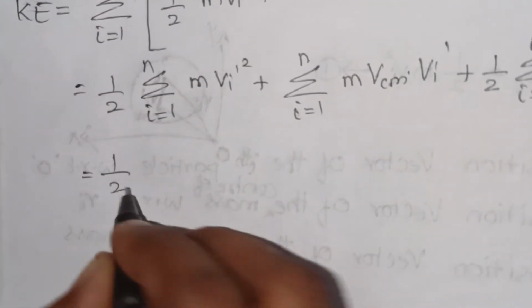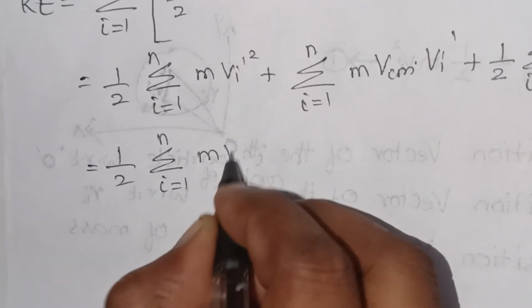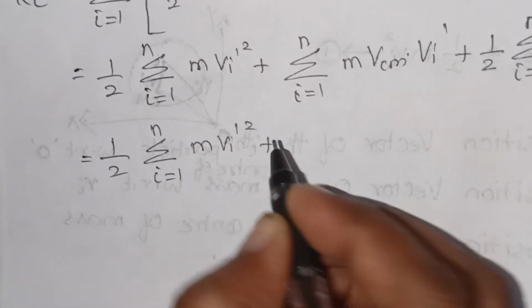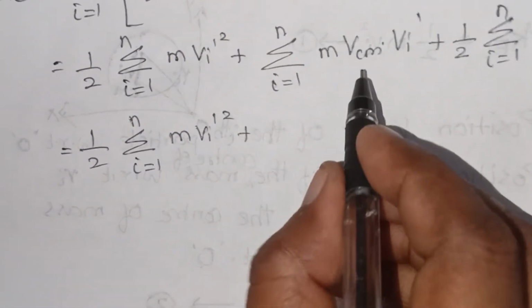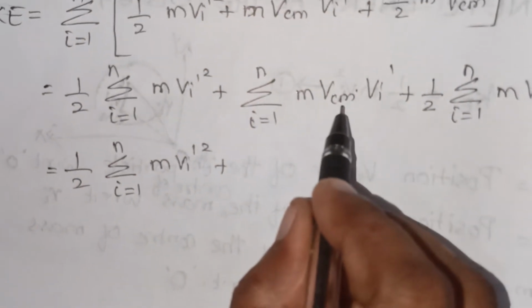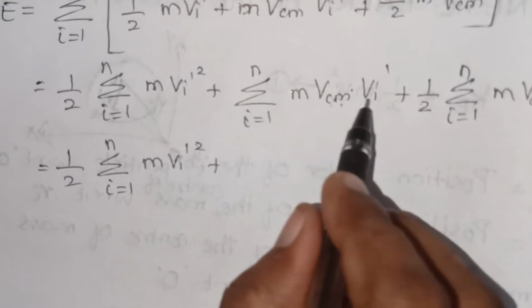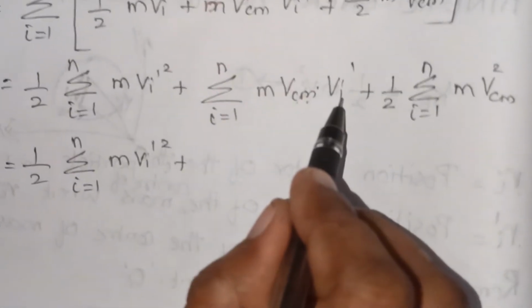Okay, so 1 by 2 summation i is equal to 1 to n m Vi dash squared plus this is Vcm into Vi dash. Here we have both velocities, the velocity with respect to the center of mass and the velocity of the ith particle.